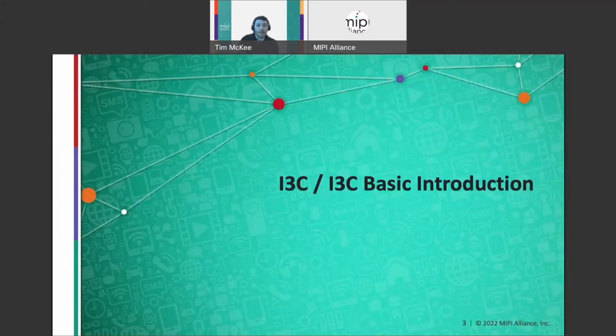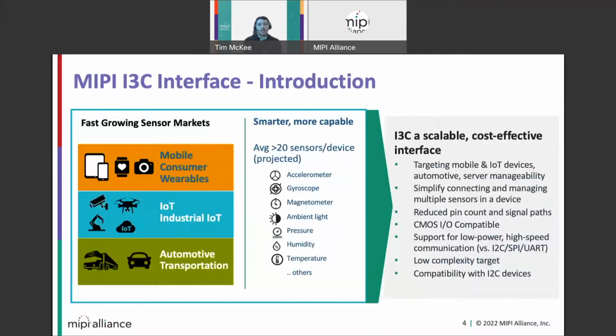Okay, so as an introduction, why are we talking about MIPI I3C? Well, as many of you know, the sensor market is growing tremendously, not only in the amount of sensors, but the capability. Sensors are getting smarter. We're not just dealing with thermal sensors anymore, but you've got gyroscopes, accelerometers, and more sensors in your devices. And of course, IoT is bringing this even faster.